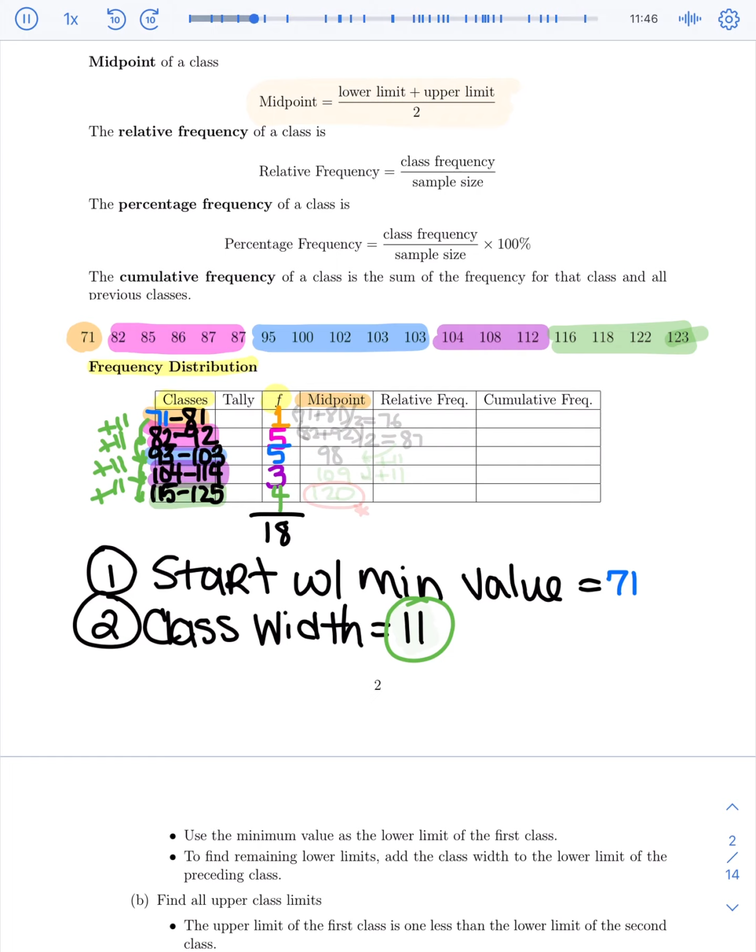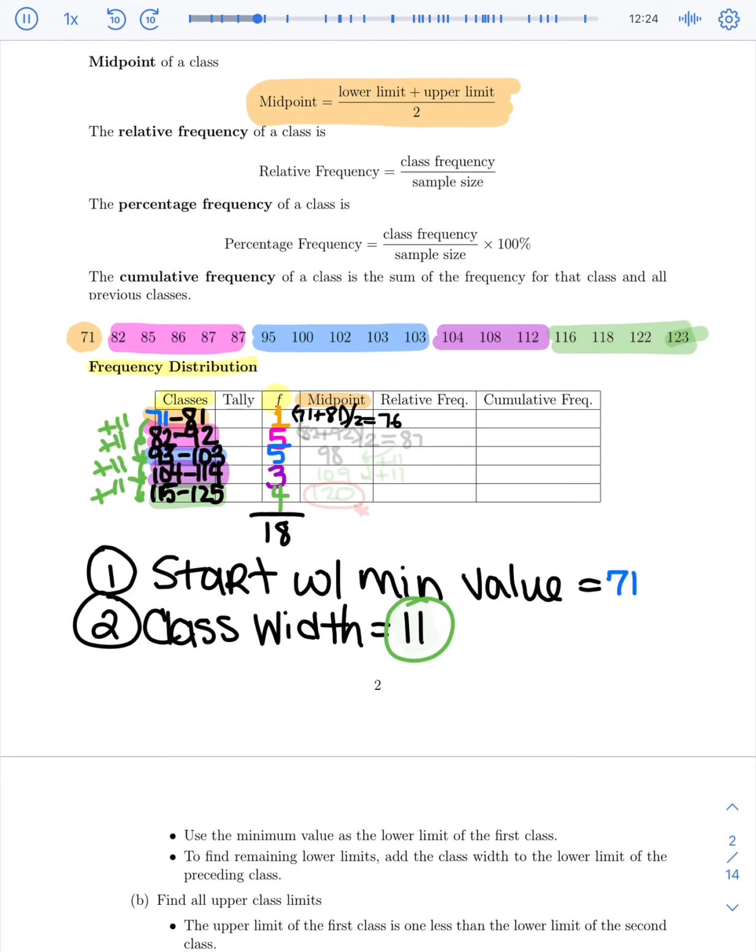That's what this formula for midpoint says: in order to find the middle, you add the 2 ends up and divide by 2. You're basically averaging to find the middle. So, for instance, on this first one, the first class is from 71 to 81. If I wanted to find its middle, I would do 71 plus 81 and then divide it by 2 and see what I get, which would get me 76 for my first midpoint.